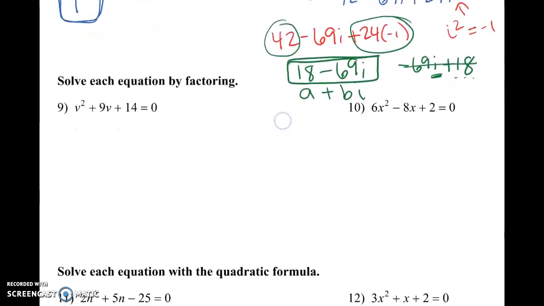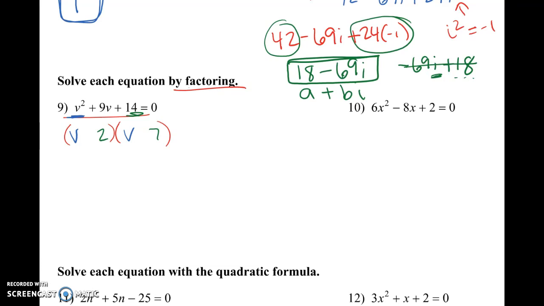Okay, now let's look at 9 and 10. So both say factor. First thing I always say to do when we factor is look for your greatest common factor. I don't see anything that these three have in common. So I do notice that this is a trinomial. So I'm going to break my trinomial up and say what multiplies to v squared is v and v, and what multiplies to 14 is 2 and 7.